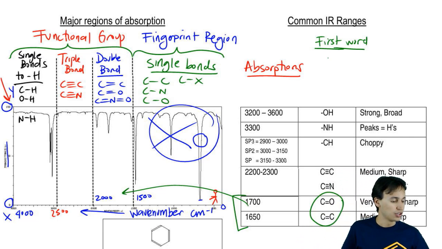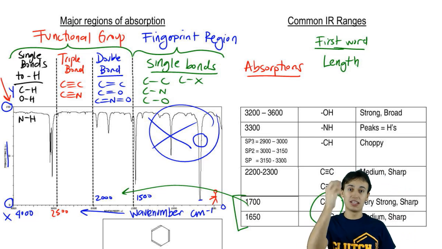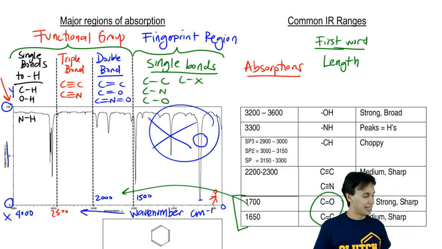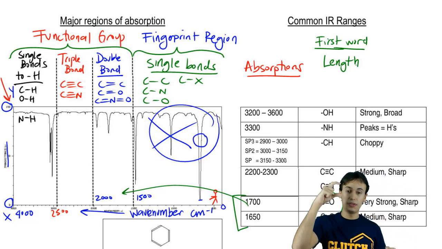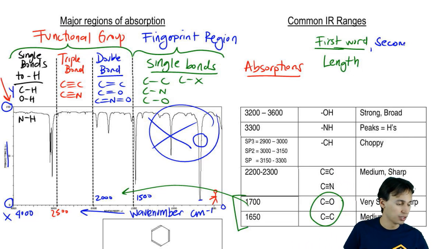So basically, the first word has to do with what we could call length, okay? So very strong would mean that it's a very long absorption, and medium or small would mean that it's a very short absorption, okay? So that's the first word. Then we have the second word.